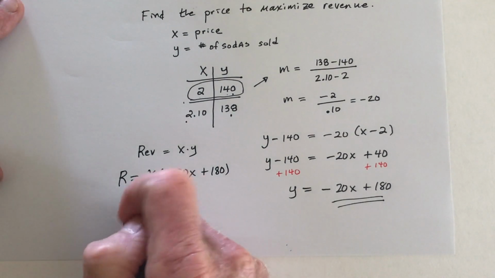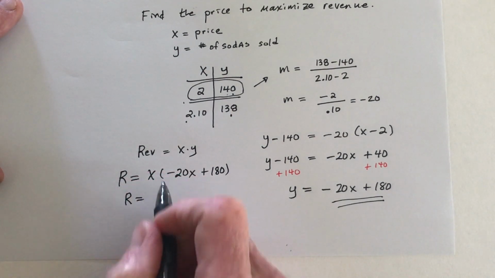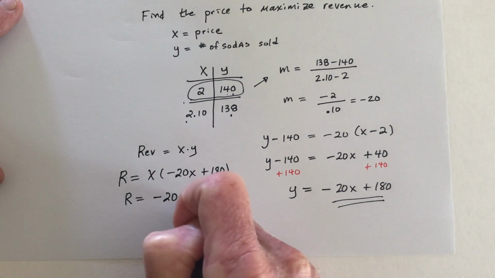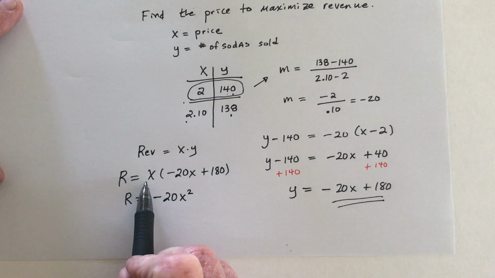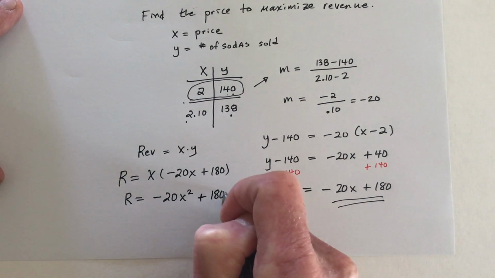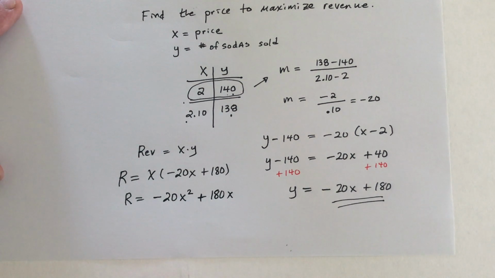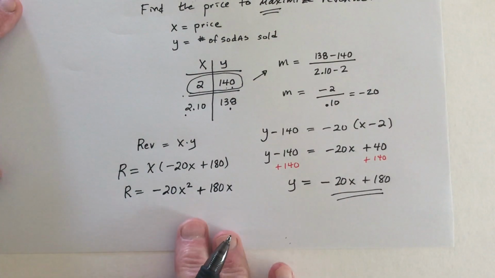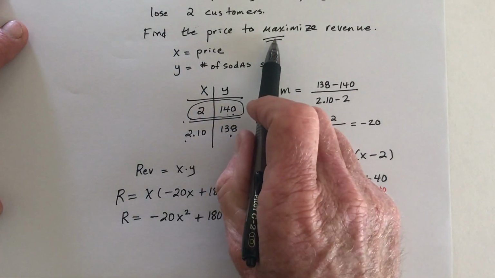And I'm going to do algebra before taking the derivative, so distribute. This is negative 20x squared, and then x times 180 is plus 180x. And this does make an upside down parabola, so that means it does have a maximum.